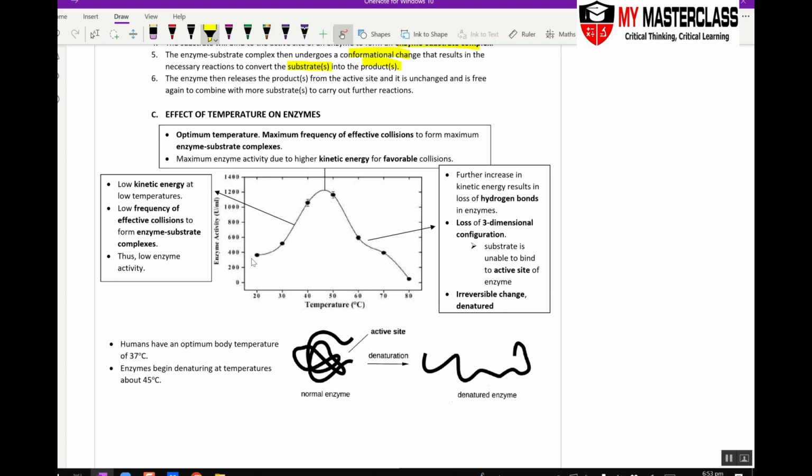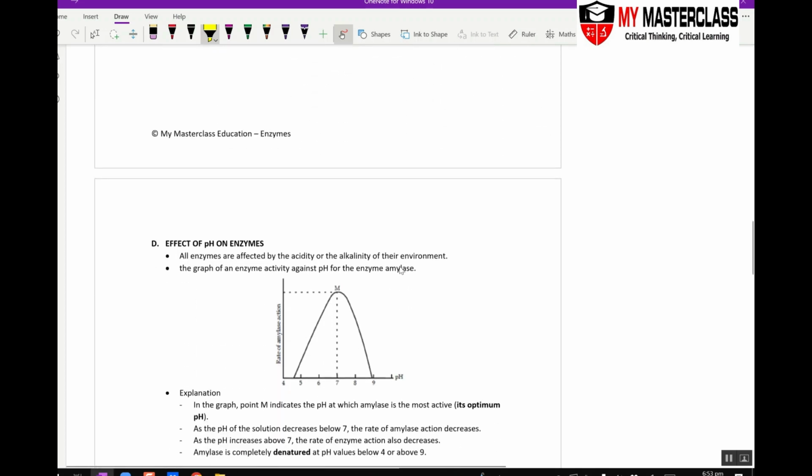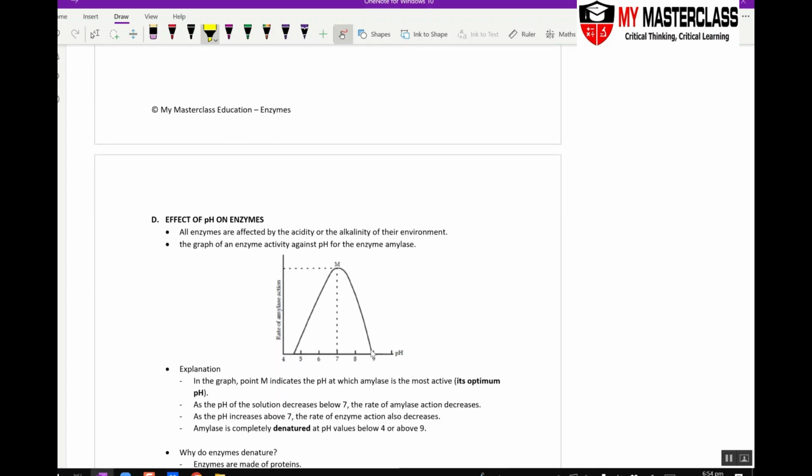For temperature, at low temperatures, it will never go to zero. Enzyme activity doesn't mean that it is totally denatured at low temperatures, but at very high temperatures, it can be completely denatured. So the spectrum is very broad. The base is very broad. pH is less forgiving. You can see that the base is much lesser.